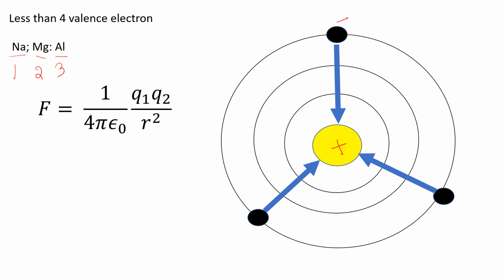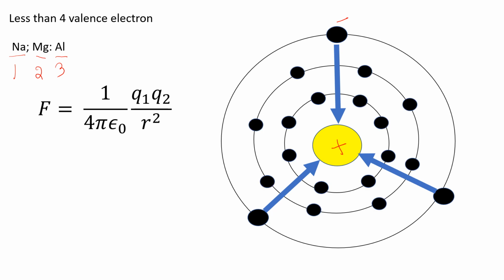Now similarly, you have electrons placed in the inner shells, and due to these electrons the outermost electron will be pushed away. This is electrostatic repulsion.